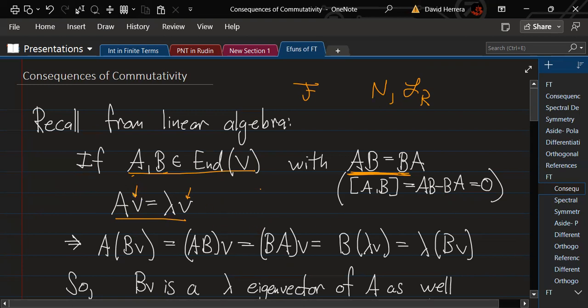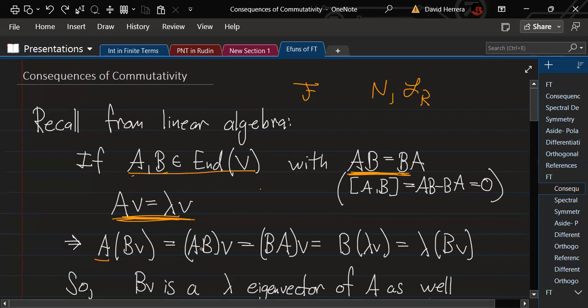Technically, people say an eigenvector has to be non-zero. So we're just going to assume this equation, AV equals lambda V, and we're going to see what happens when we apply B to V. So you have A times BV, which is a standard technique. Now you use the fact that AB is BA.